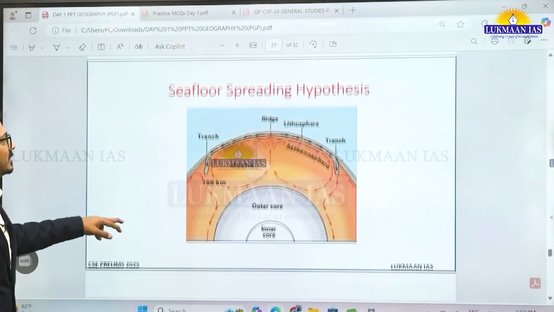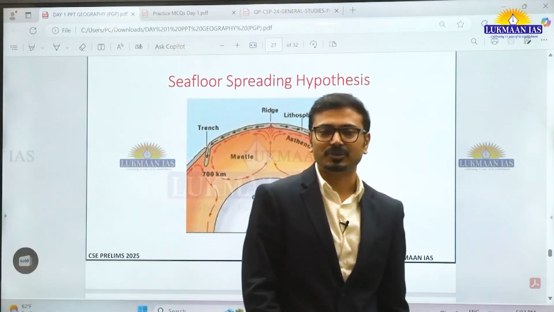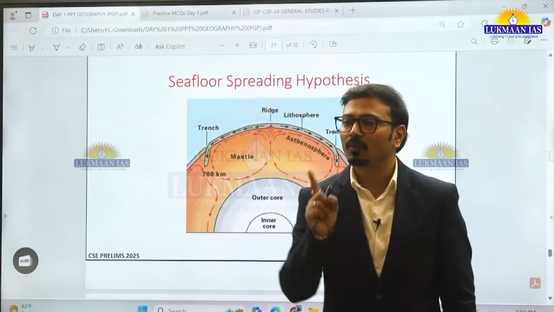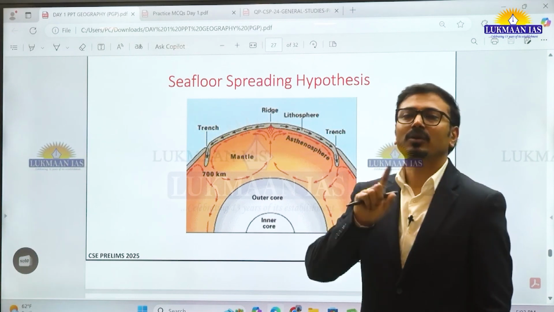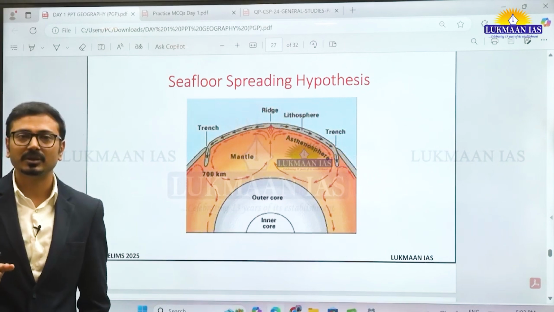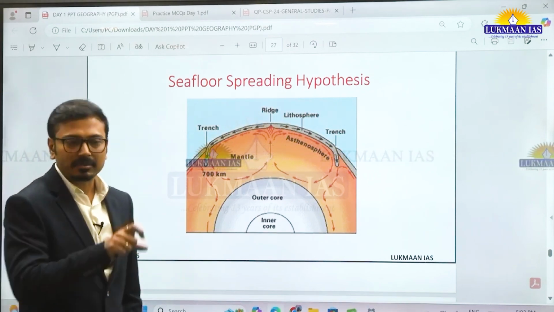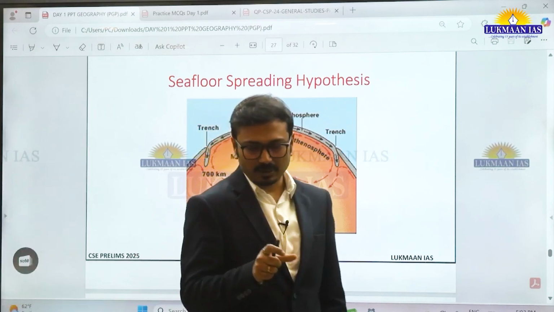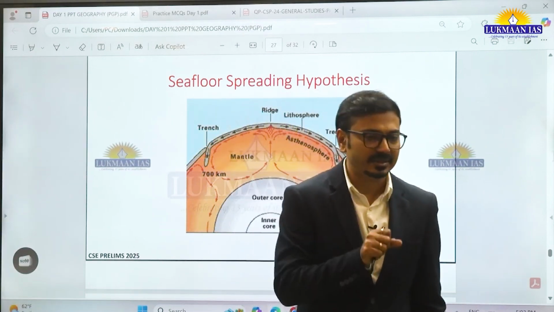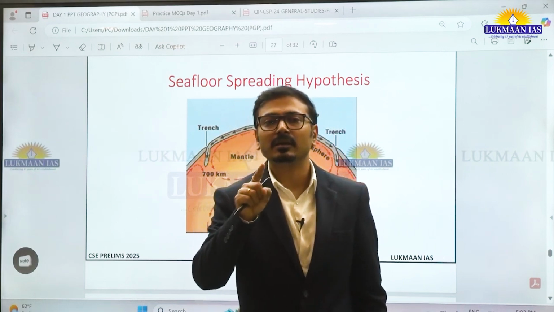Second, we can talk about the sea floor spreading hypothesis. This hypothesis was given based on two important concepts. One is the theory of convection currents. Convection current theory was given by Arthur Holmes. According to this theory, there is movement of magmatic currents, called convection currents, inside the asthenosphere. Now, why are these moving in a circular manner?